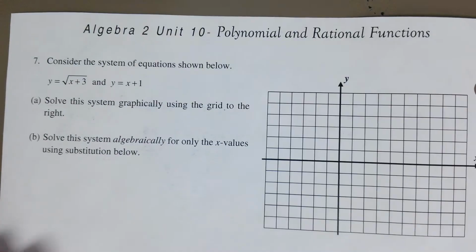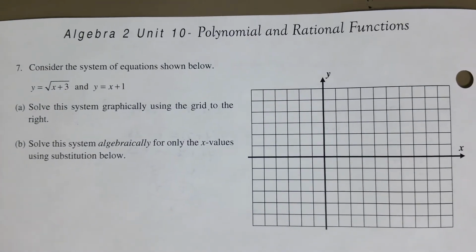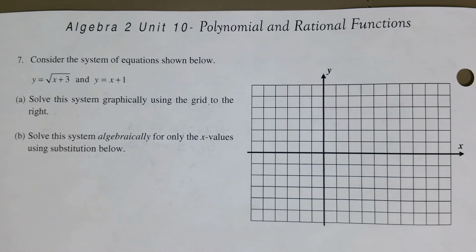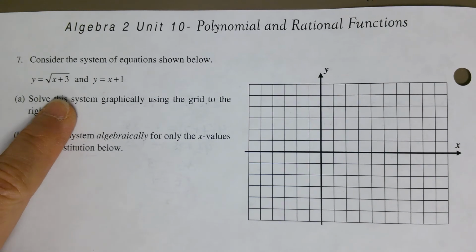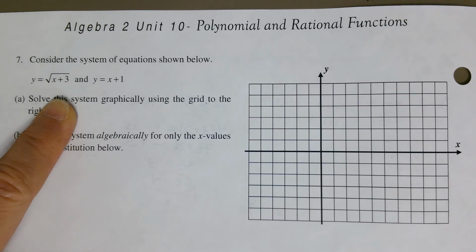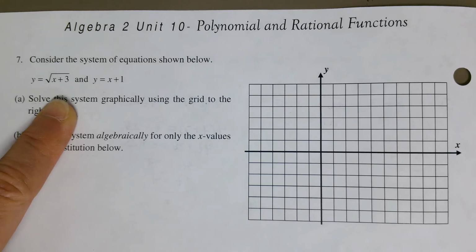Now the last, I do want to do number 7. Consider the system of equations shown below. Solve this system graphically using the grid to the right. So we definitely use our graphing calculator for the square root of x plus 3. Look at the table of values.